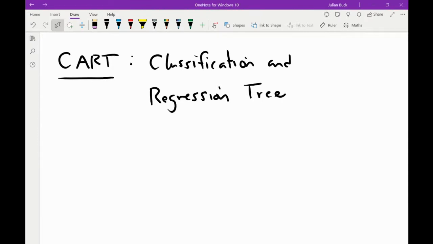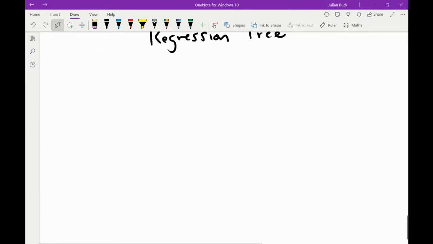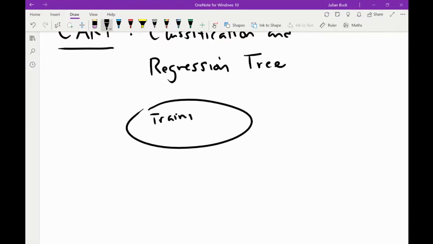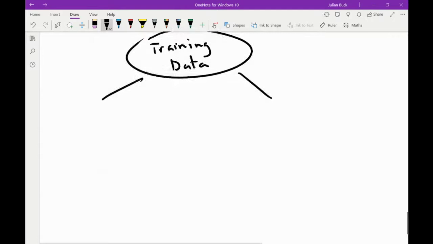All right. So what does the CART process look like? It looks like what we just saw in the previous picture. We start with all of our training data. And then we split up that data into two regions.